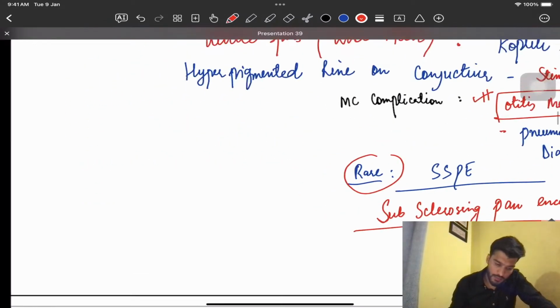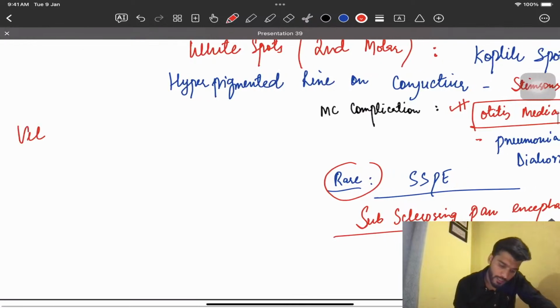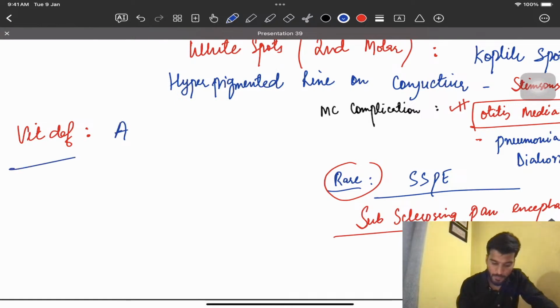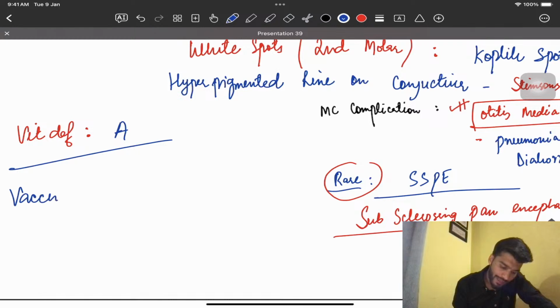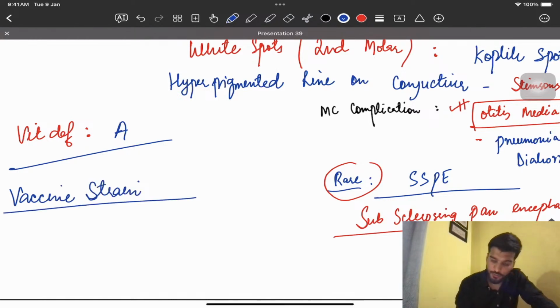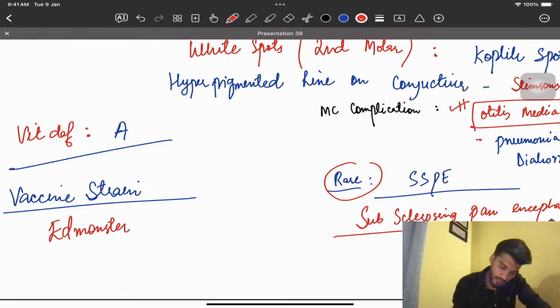Remember guys, the other hints: the vitamin deficiency that the patient of measles will have is vitamin A. The name of the vaccine strain of measles is Edmonston-Zagreb.